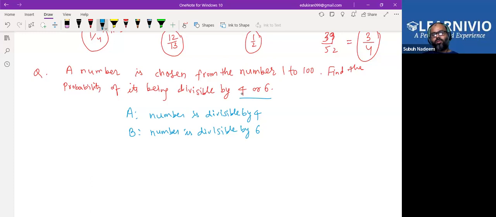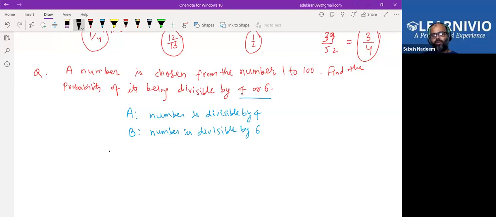Yes, sir. So how can this be written? What mathematical expression is there for 4 or 6? Sir, 4 or 6 means shouldn't we take different for 4 and different for 6?